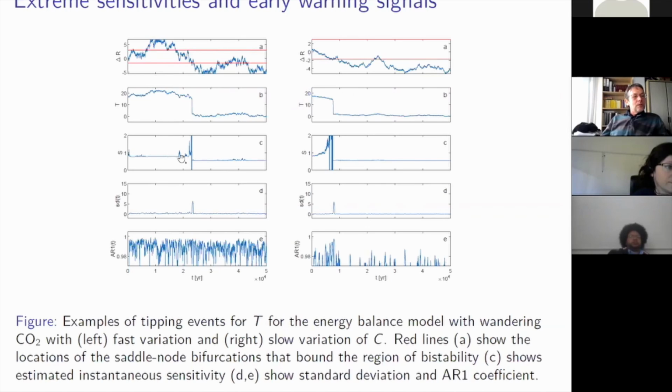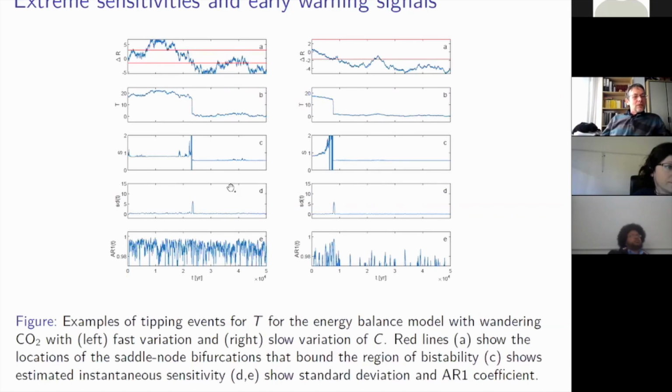We've got a couple of peaks here, sort of rises, that correspond to troughs in delta R getting close to the saddle node. So the lower red line is the location of the lower saddle node. The upper red line is the upper saddle node. And then as you hit the bifurcation, as you hit the tipping point, you can see there is a large and momentary rise in the sensitivity just before.